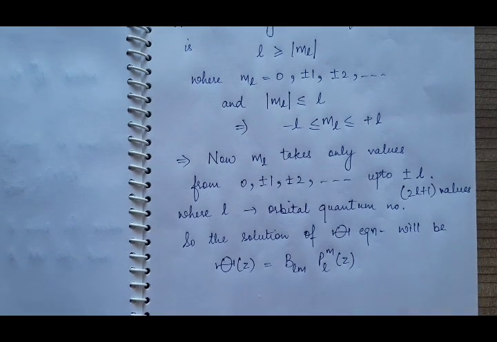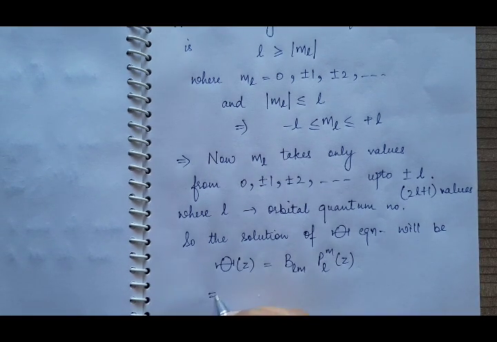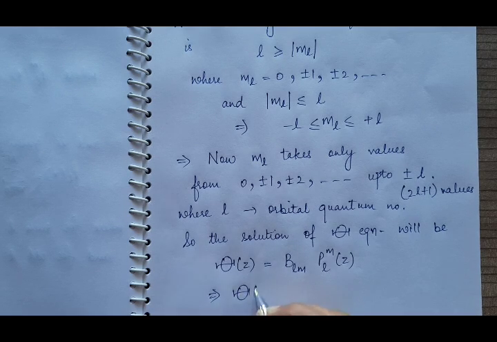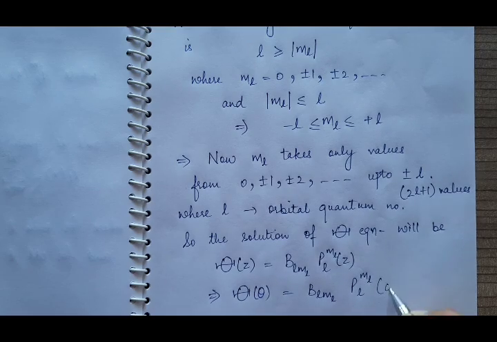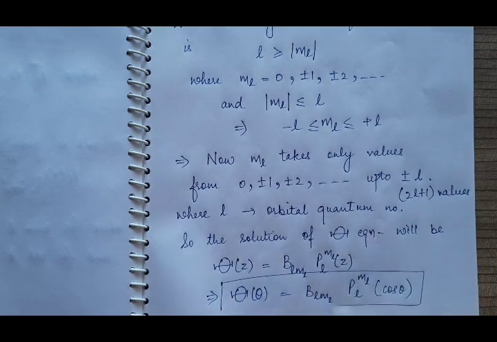When you put z equal to cos theta, theta depends upon theta and is equal to B_LM, actually B_LML, times P_L^ML(cos theta). So this is the equation.